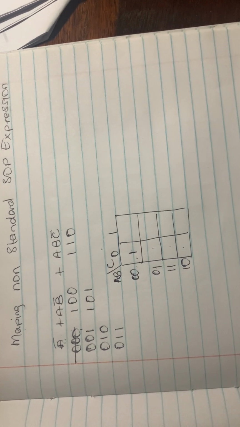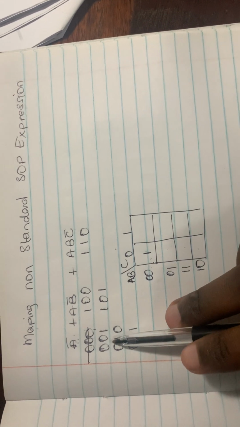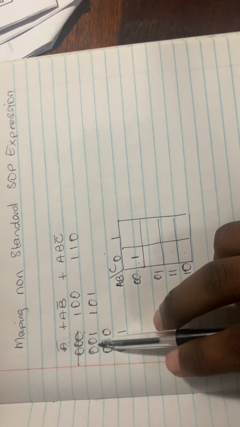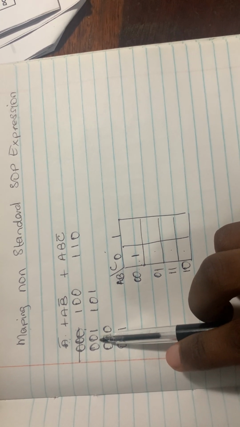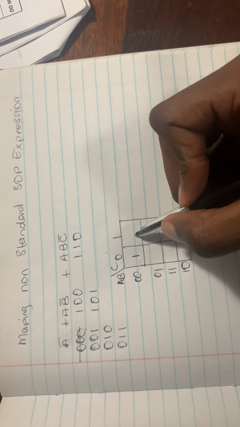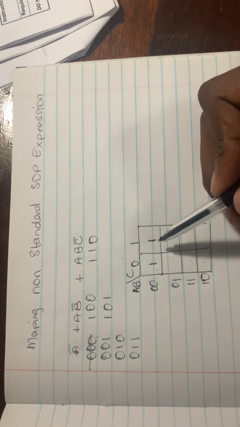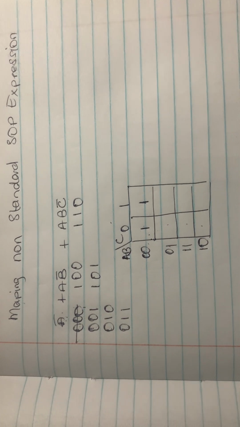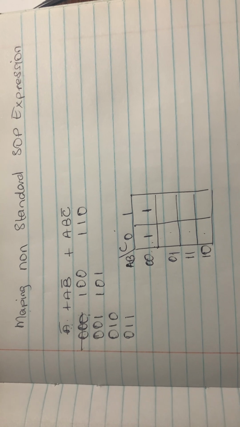We are done dealing with it, and now we are looking at the space where AB is 0 0. So here again, but now C is 1, so it will be here.